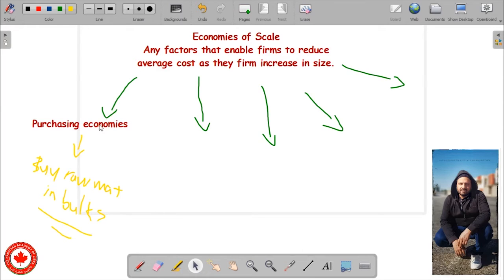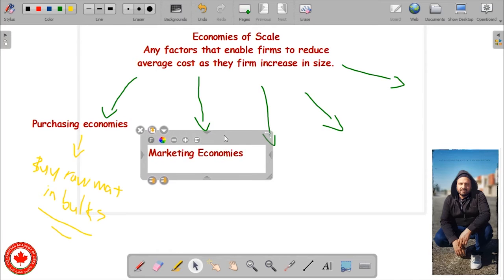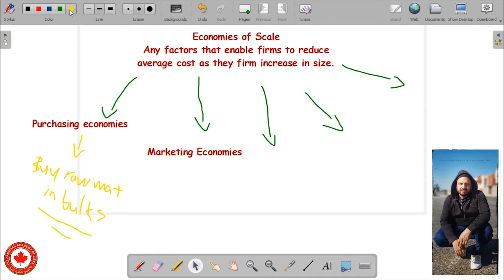The second economy of scale that we will mention is going to be the marketing economies. Marketing economy is talking about the idea that the firm is able to do marketing with less cost.